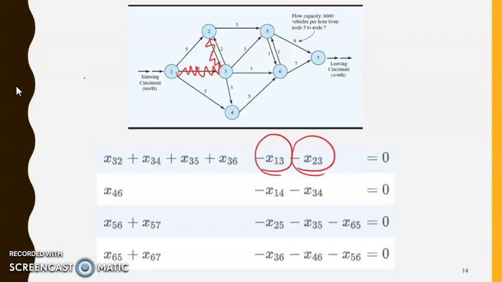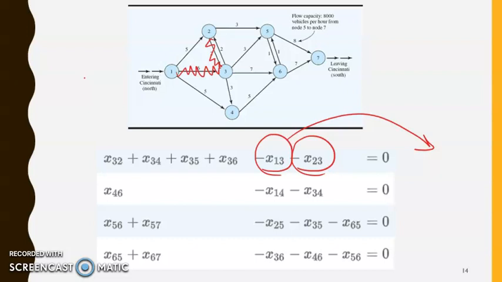Since they belong to the other side of the equation, because they are sent to the other side, the signs have become minus.